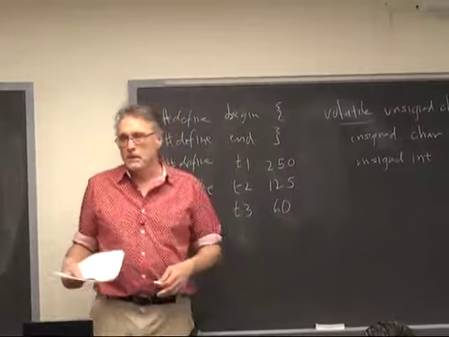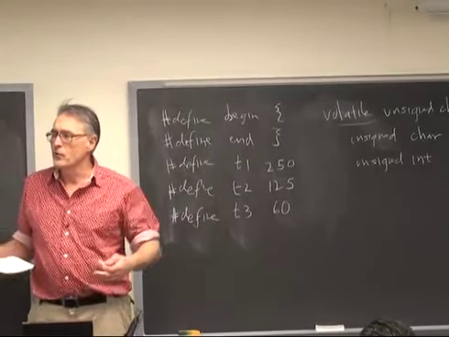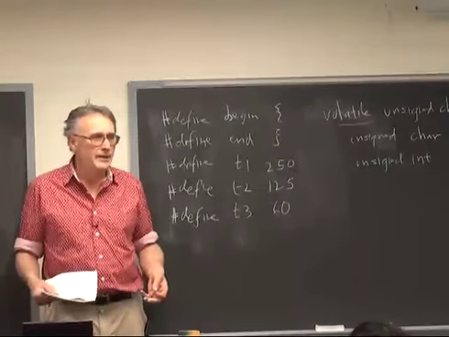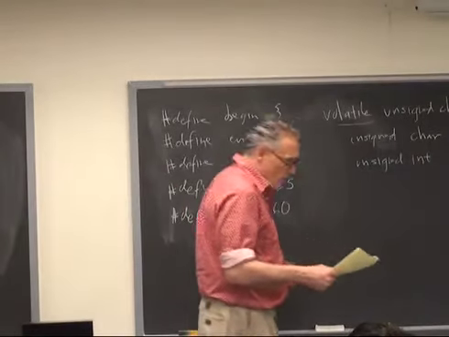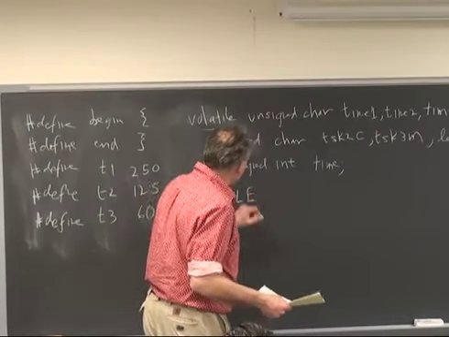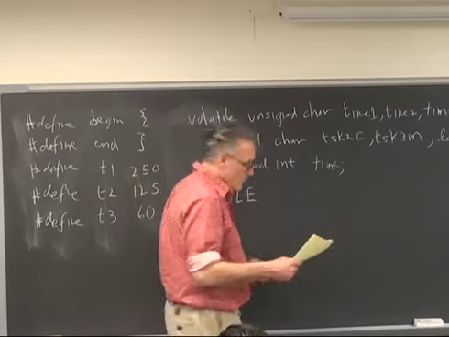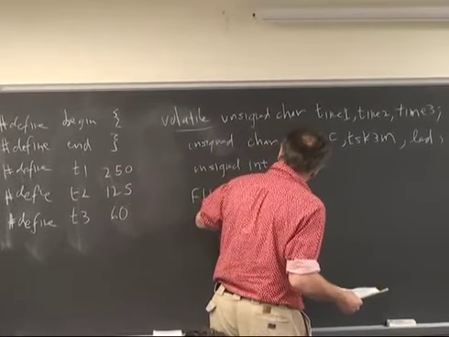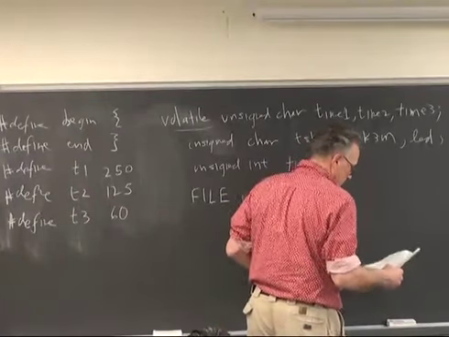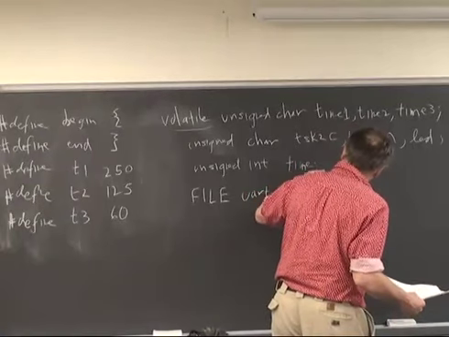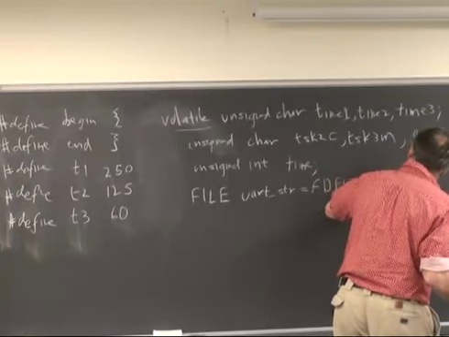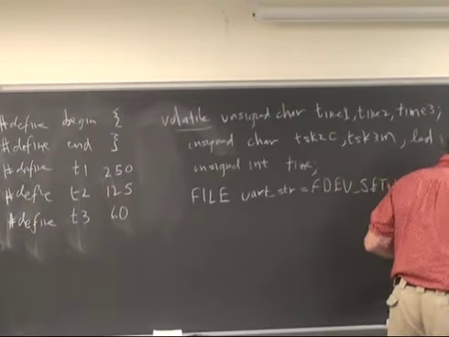Now, there's no operating system running. There's no place for stream-oriented I/O to go unless you define it. And there's a small library that allows you to define a variable of type FILE. We're going to define this to be uart_str, and it's going to be set to the value FDEV_SETUP_STREAM.